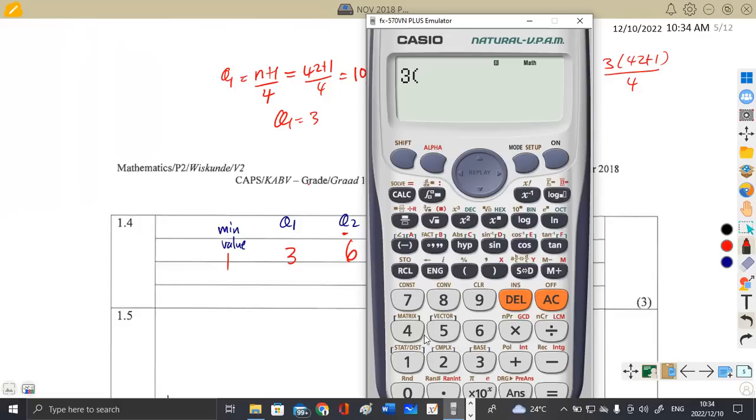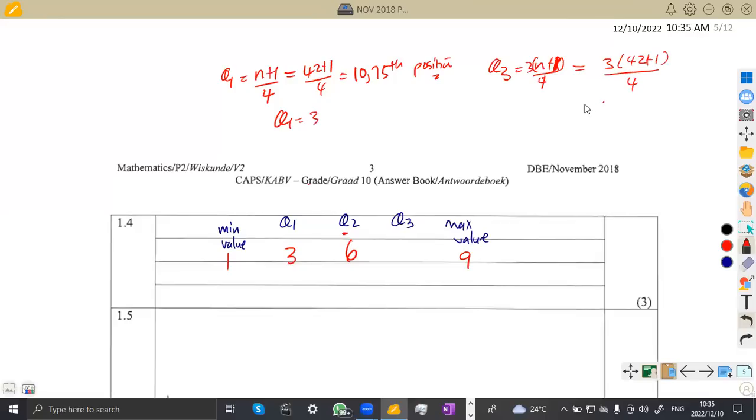So it's 3 times 42 plus 1, which is 43, so 3 times 43, everything over 4. This gives us 32.25. So where are we going to obtain the 32.25 position?